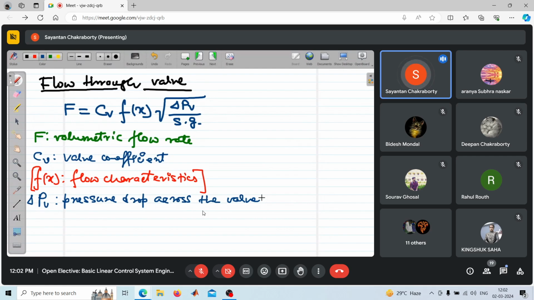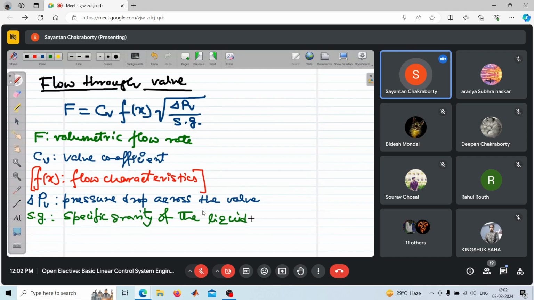Okay. So it's the pressure drop across the valve. Then SG is basically the specific gravity of the liquid.